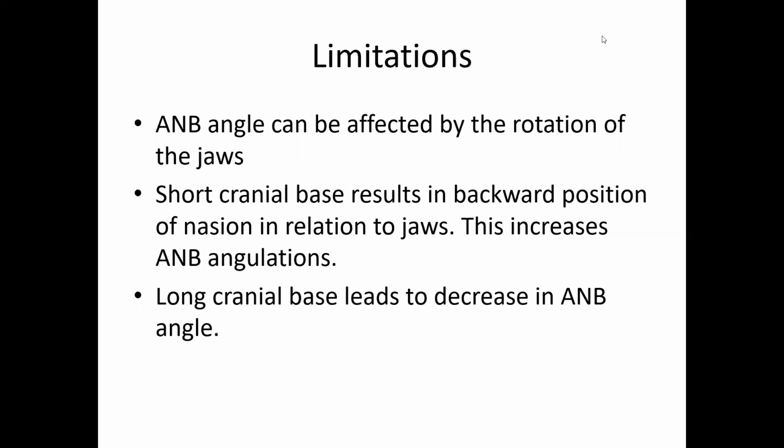Like that, a short cranial base results in a backward position of the nasion in relation to the jaws, which increases the A and B angulation. And a long cranial base may lead to a decrease in the A and B angle. So these are the limitations of Steiner's analysis.